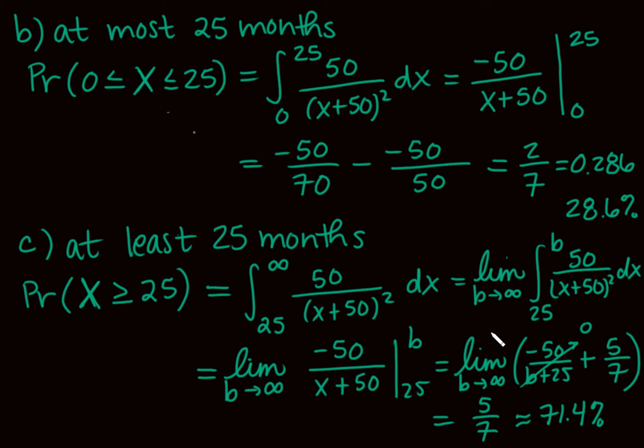Because this guy looked at the probability I get a shelf life up to 25. Then this guy looked at the probability I get more than 25. Those two probabilities should equal 1, right? If I had asked, what's the probability that it's either at most 25 or at least 25, that would be 1 because that would cover the whole thing. So I hope that makes sense. I'm sorry, I'm about to sneeze.